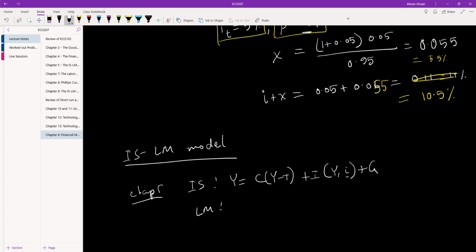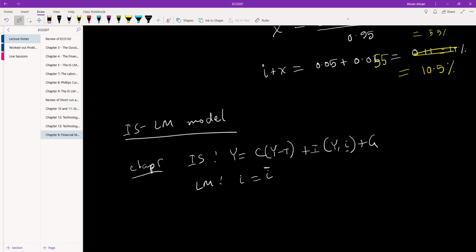And for LM, we effectively had the interest rate, which was set by the government, and it did not change. This is what we had. But now it should become obvious to you after this chapter that the interest rate that's going into IS and the interest rate that's going into LM are not the same thing. They're different things, and we have to account for that.